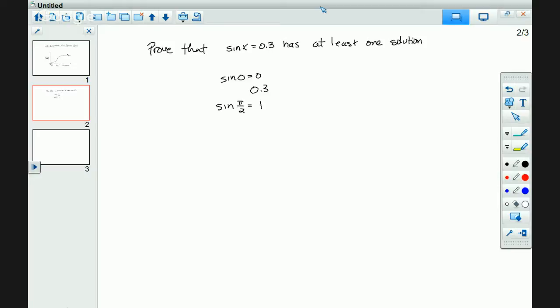So we can see, this would be our statement of proof. Sin x is continuous, and 0.3 is between those two y values.